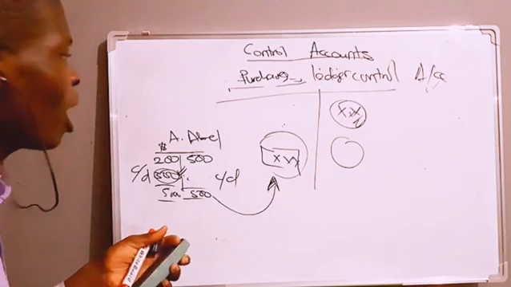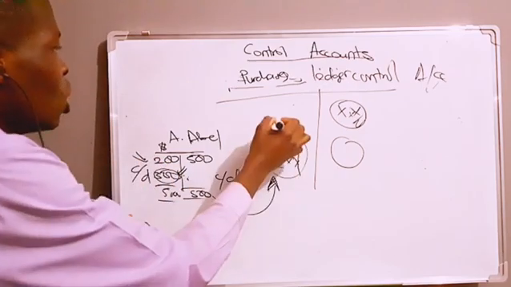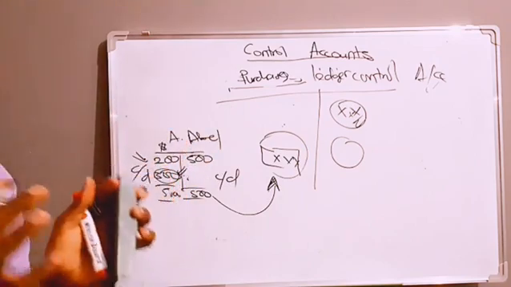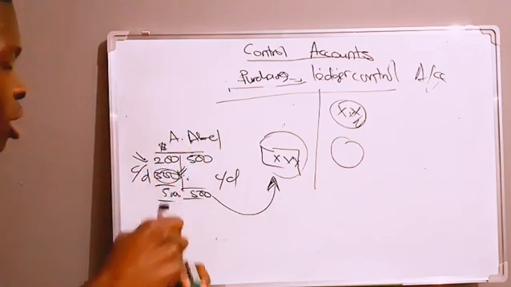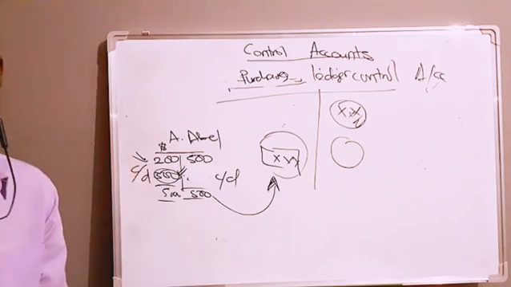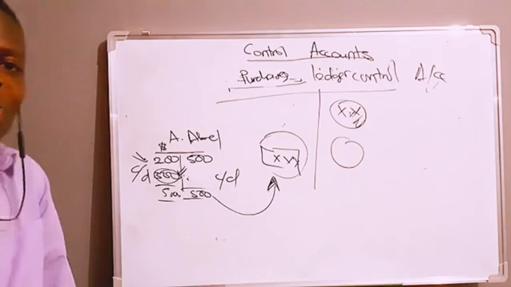When you pay them, say 200, it can also be recorded on this side, but as a total balance rather than an individual balance. So this is the fundamental knowledge you need on the difference between ledger accounts and control accounts. In the next lecture, we're going to look in detail at what we do in reconciliation. See you in the next lecture.